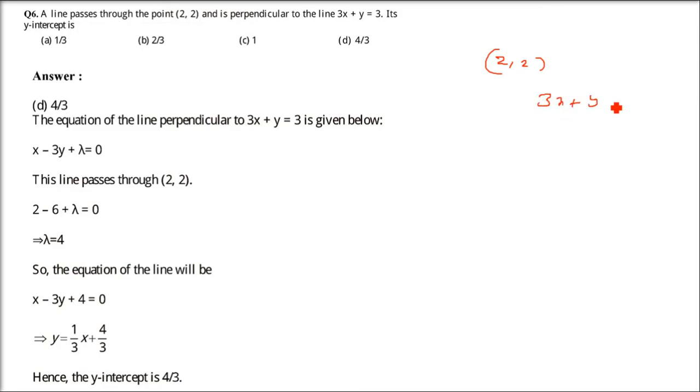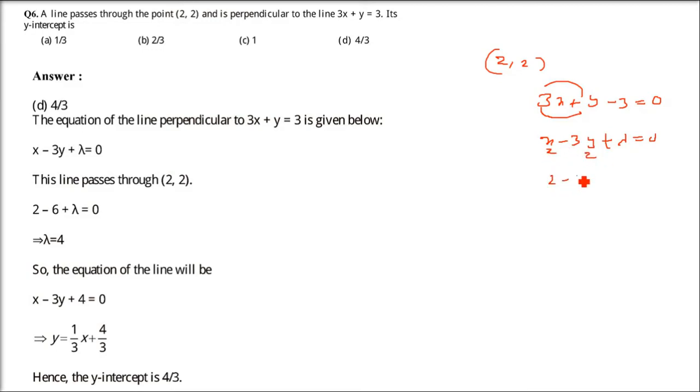Here the equation is 3x + y - 3 = 0. To formulate a perpendicular line, change the x and y coefficients and put a minus in front of the y coefficient. So this becomes x - 3y, with lambda in place of the constant term. These two lines are perpendicular because m1 m2 will be -1.